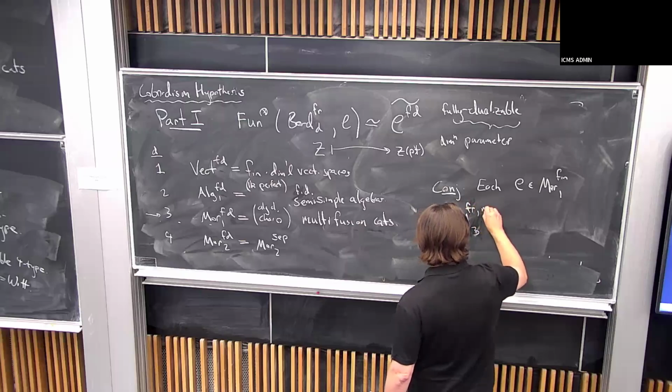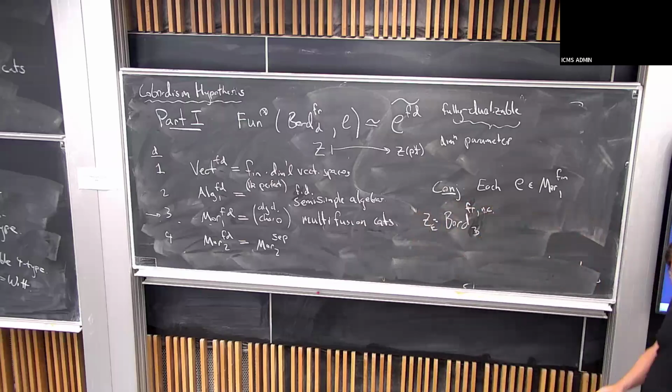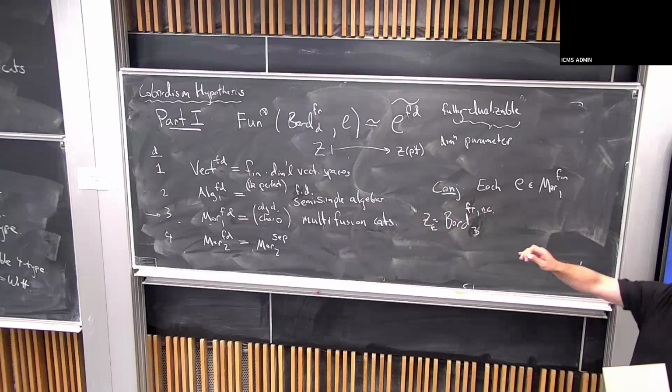I'll put the little NC here, non-compact. So you can define it on all 0, 1, 2 manifolds, and you can define it on those 3 manifolds which you can build using 0, 1, and 2 handles. So all of the bordisms have some non-trivial outgoing boundary.